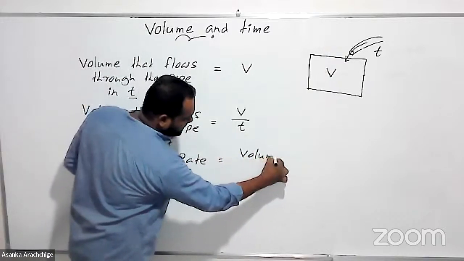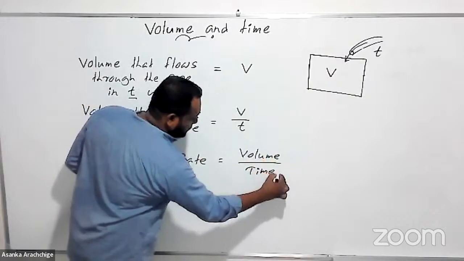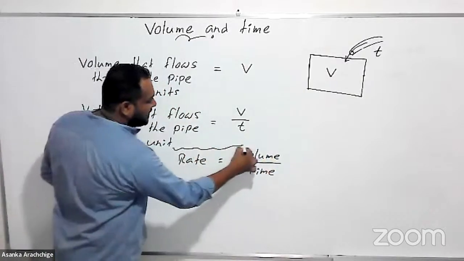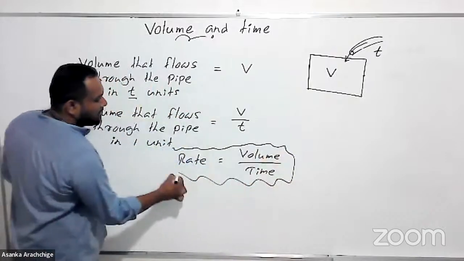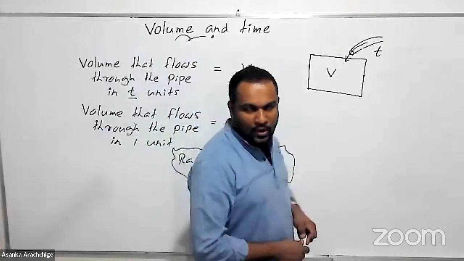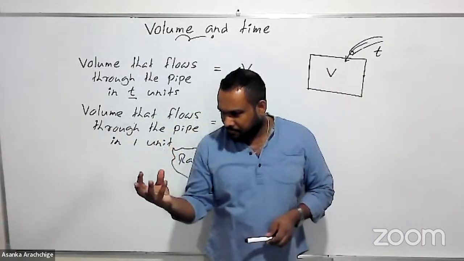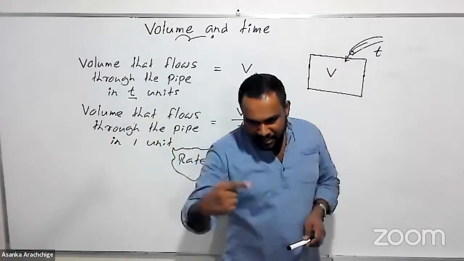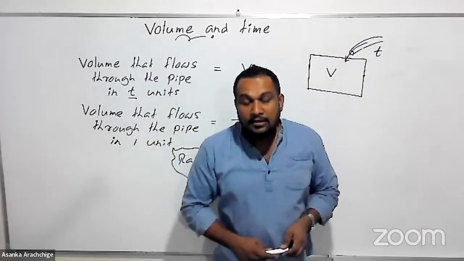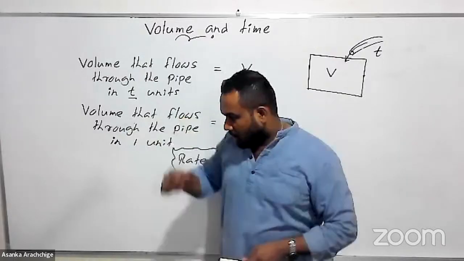Volume divided by time. So whenever you have to find the water flowing rate through a pipe or something like that, what you have to do is divide the volume carried through the pipe by the time taken for that. Is that clear? Copy it down.